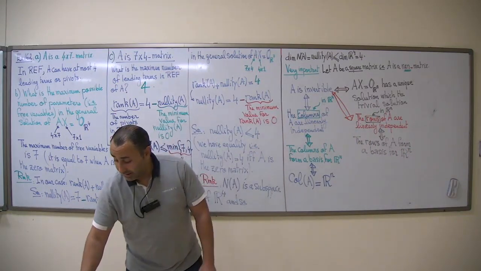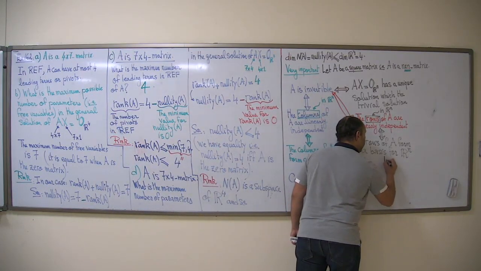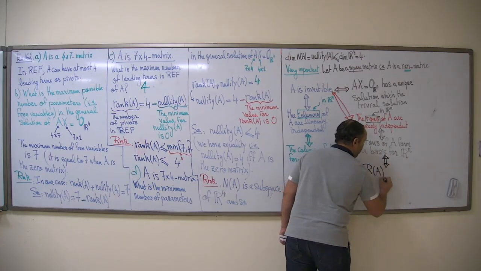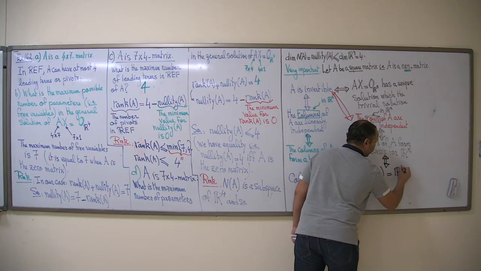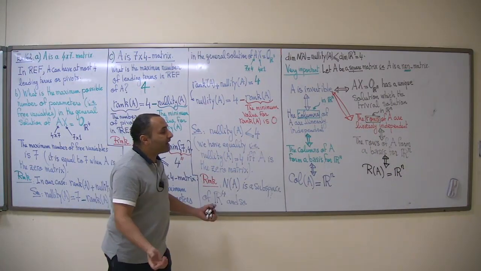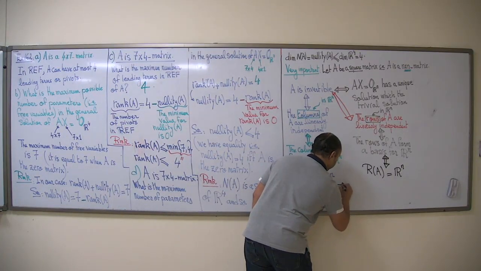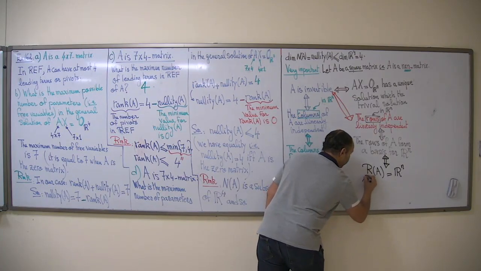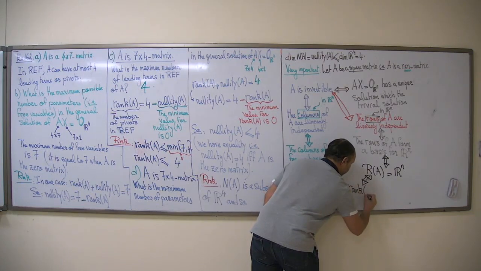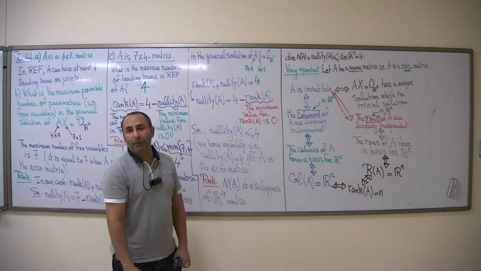And so, again, a similar argument here. The row space of A will be Rn. Now, what is the rank of A? The rank of A will be n. So what will be the nullity of A?